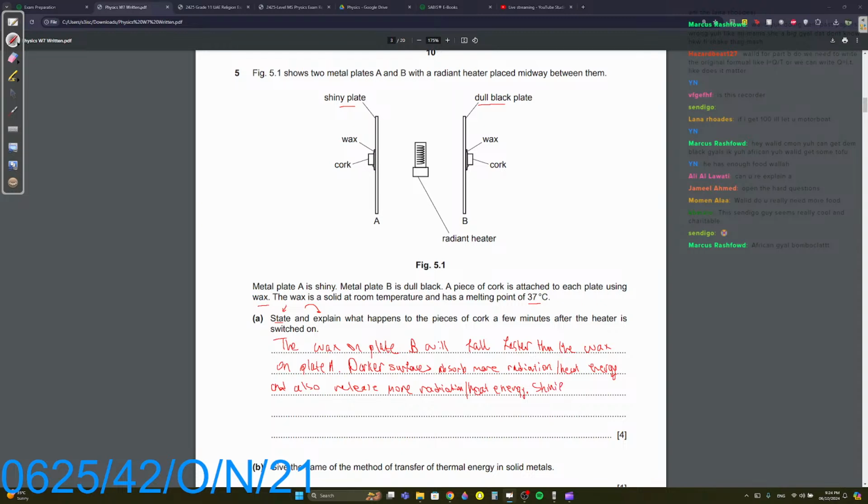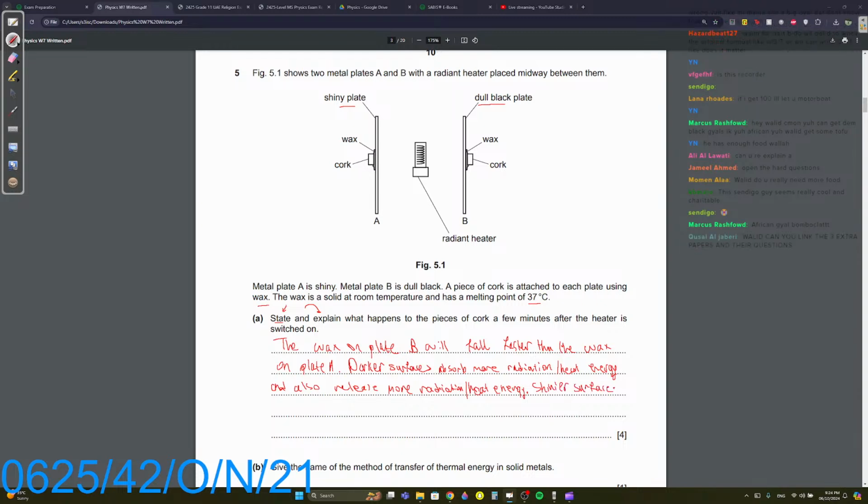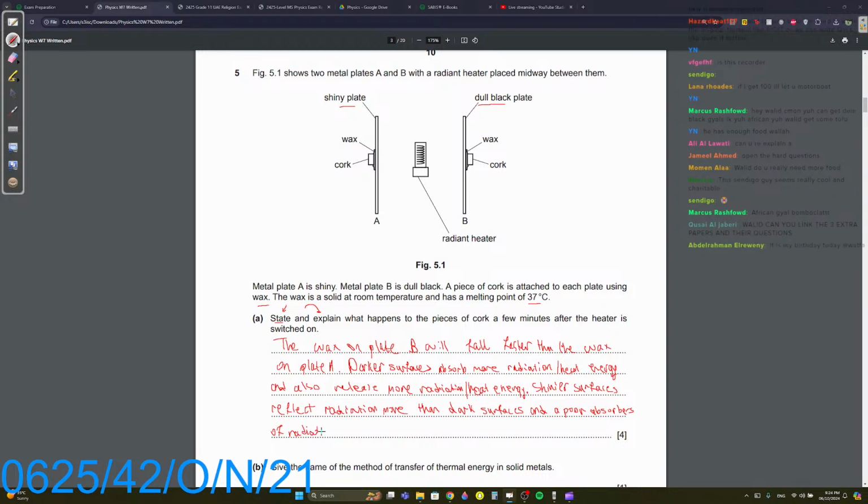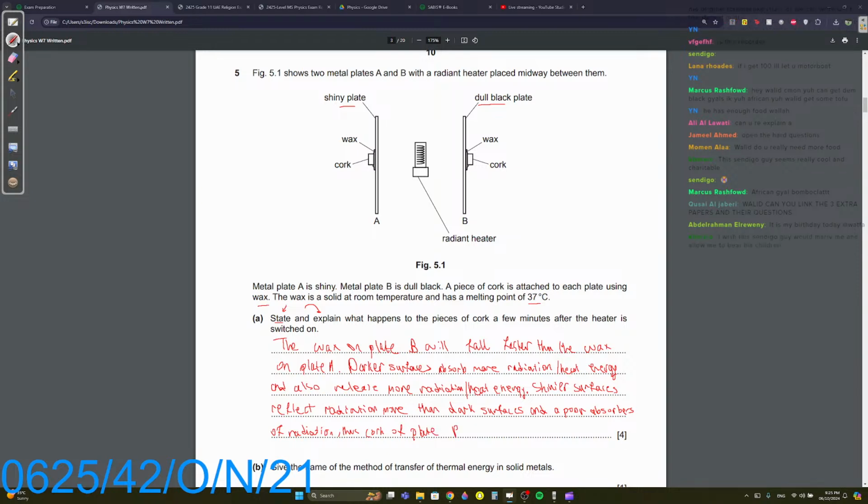Shinier surfaces reflect radiation more than dark surfaces and are poor absorbers of radiation. Thus, the cork of plate B falls first.